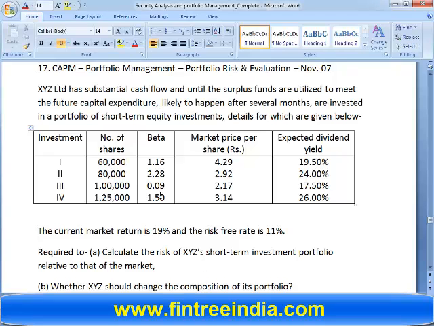So we have 4 investment, we have number of shares, we have betas, market price per share, expected dividend yield. The current market return is 19%, risk-free rate is 11%. Calculate the risk of XYZ's short-term investment portfolio relative to that of market. Whether XYZ should change the composition of its portfolio.